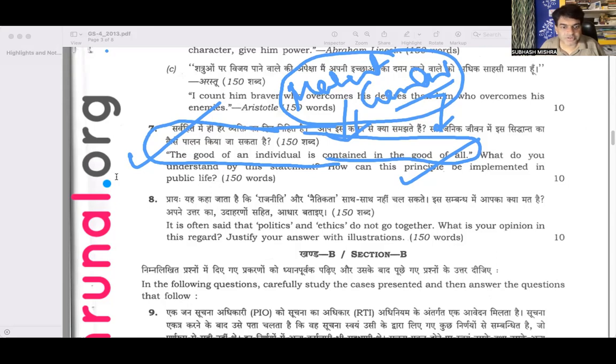Sabka saath, sabka vikas. That proposition is at the core of this. I guess it is Thoreau only, but I'm not getting it on the internet.